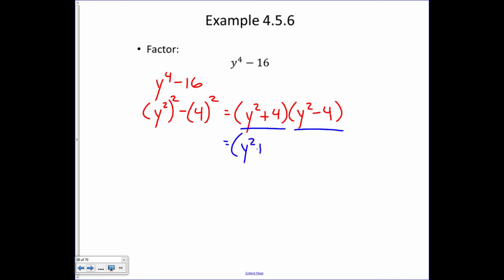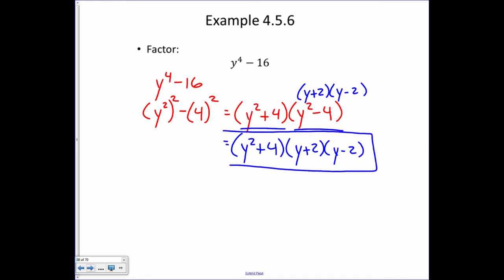And so we could take this a little further and say that y squared minus 4 is y plus 2 and y minus 2. So we essentially use the difference of squares formula twice: once to break the fourth power down into y squareds, and then once to break down the y squared minus 4.